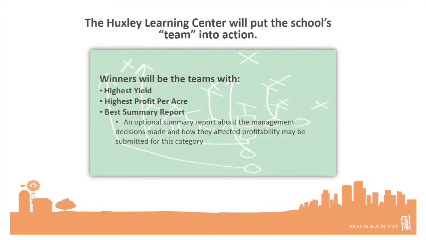And then something we tried last year that I think we're going to go ahead and try again in 2017 is an optional summary report. So if your chapter chooses to write up a little report at the end of the year, a 1 or 2 page report about your decisions, how they were made, and what you took into consideration while making those decisions, maybe some screenshots of climate, your FieldView app as you watched it throughout the season, whatever you want to throw into that report.